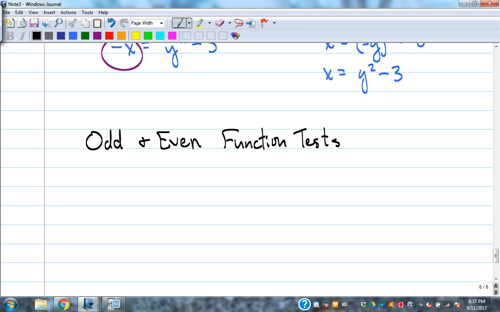Okay. The real test is almost the exact same thing as we did for symmetry across the y-axis. The difference is we're dealing with functions on this one, and the symmetry doesn't necessarily have to be a function. The difference in odd and even testing is you're dealing with something that is a function. The odd and even test is to plug in negative x and simplify.